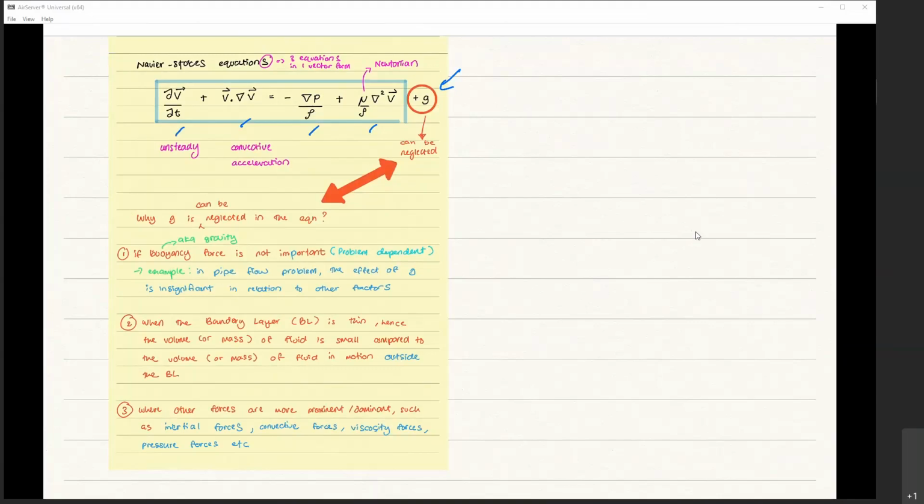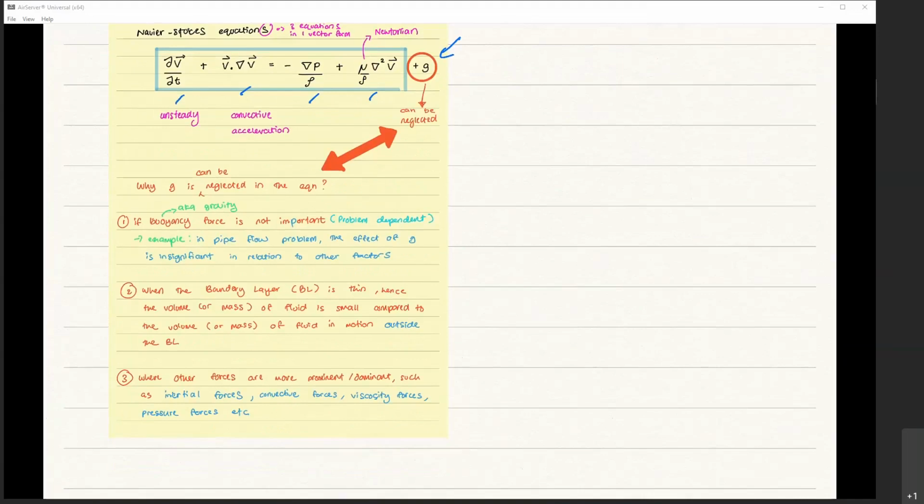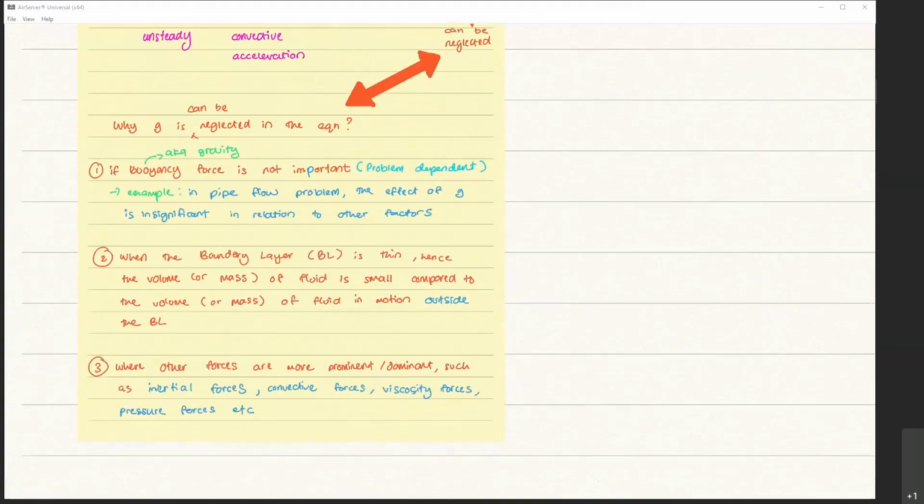For example, you can neglect it when you're dealing with a pipe flow problem, where the effect of g is quite insignificant, quite low in relation to other factors. Remember, the diameter of a pipe is small, so the impact of the gravity force is quite low. Second, when we're dealing with a boundary layer problem, where the boundary layer is quite thin, hence the volume or the mass of the fluid is small compared to the mass of the fluid in motion outside the boundary layer.